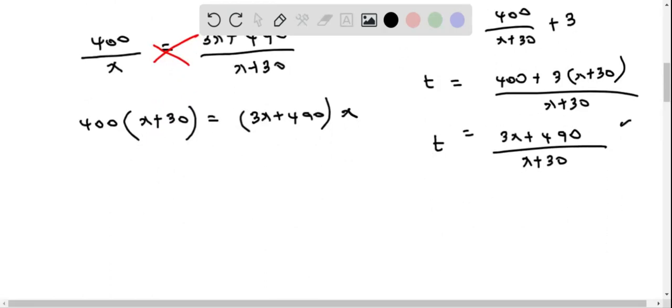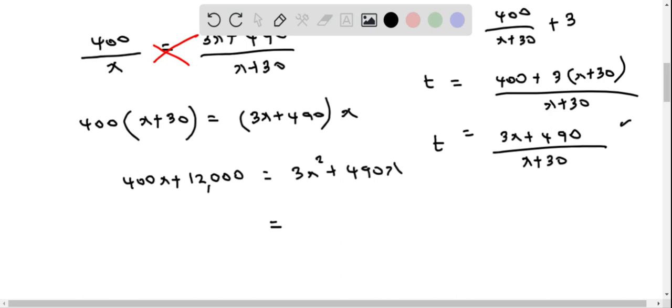If I distribute 400 into the left side expression, I'll be getting 400x plus 400 times 30 is 12,000. And similarly, if I distribute x into the right side expression, I get 3x squared plus 490 times x is 490x. Now let's bring everything into one side.